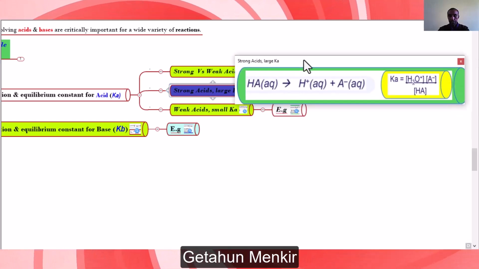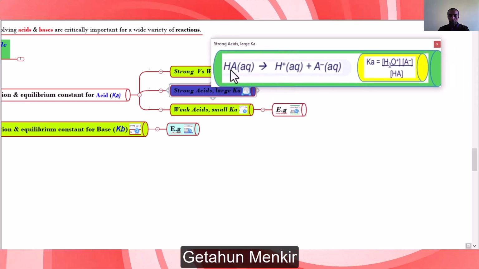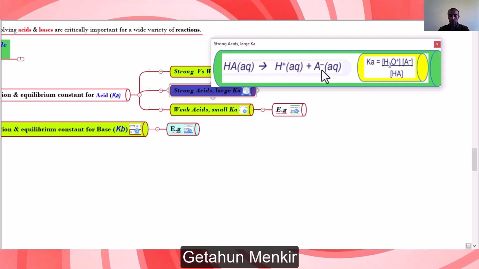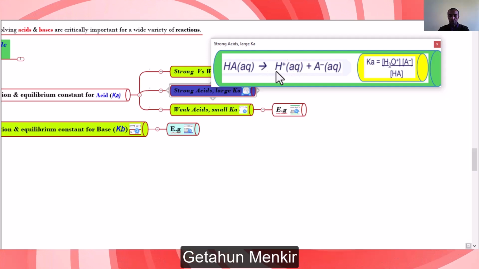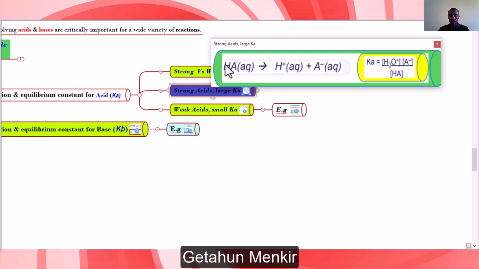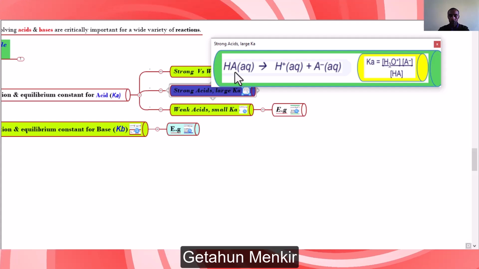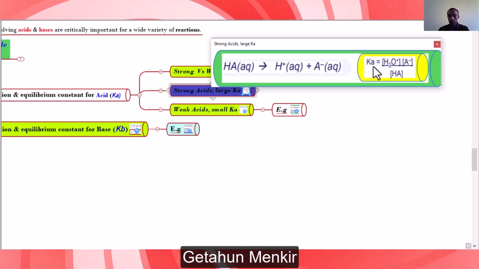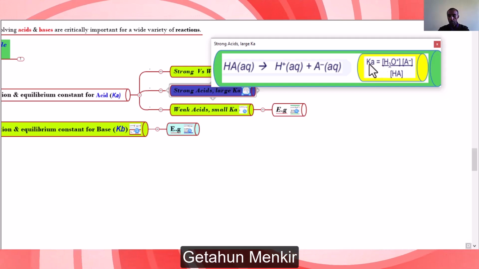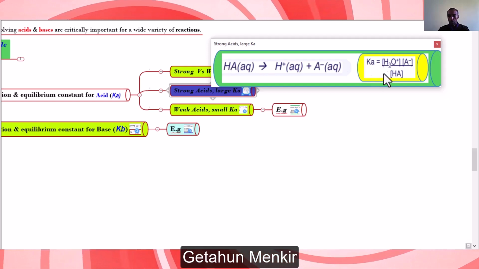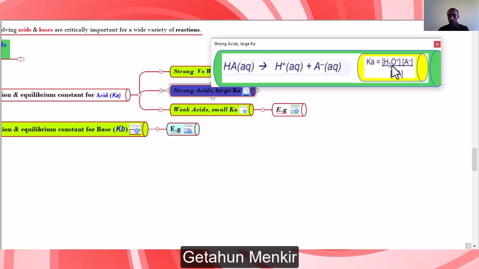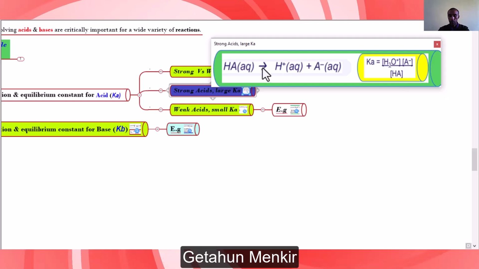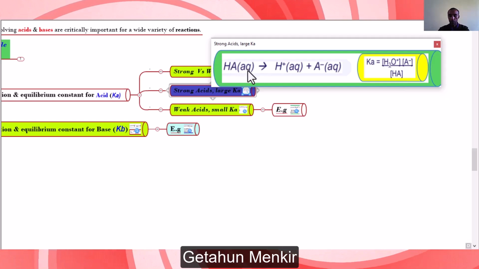If you consider this chemical reaction, when this substance is dissociated in water, it produces H plus and A minus. So this is completely dissociated, and this substance is considered a strong acid. You can write the dissociation constant of the acid, but not an equilibrium constant, because this is strong: the concentration of hydronium ion times the concentration of A minus divided by the concentration of the acid, because this acid is presented as aqueous.